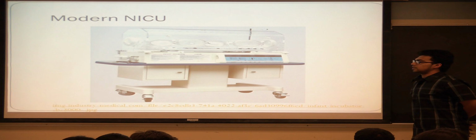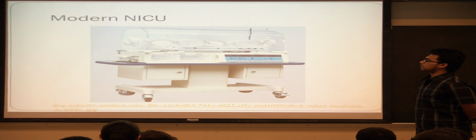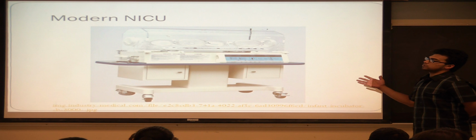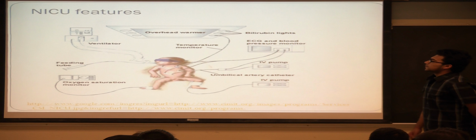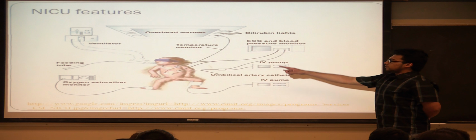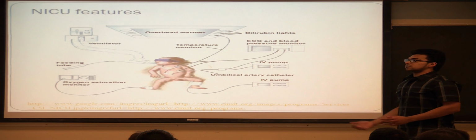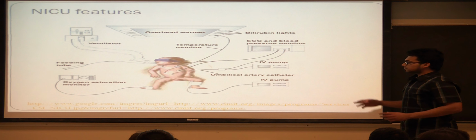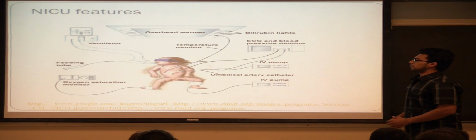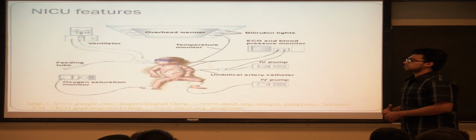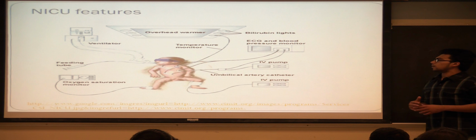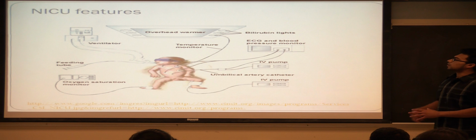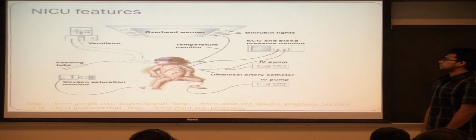And this is the latest version of the modern NICU units, and I'm going to go into more detail about the various functionalities. There's a ventilator, which provides oxygenation. There are oxygen saturation monitors, similar to the pulse oximeter that we learned about. There's an ECG and blood pressure monitor, which measures cardiac output.